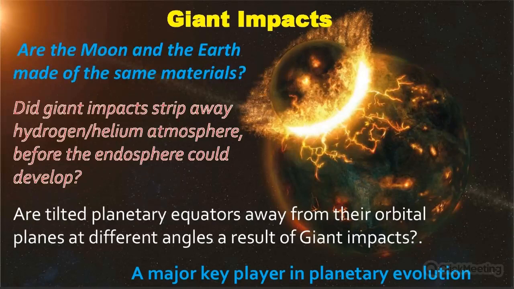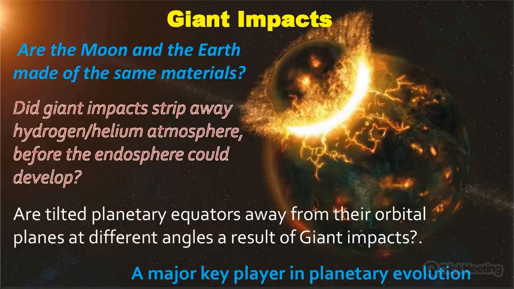If we take the example of the Earth and Moon system, our Moon is considered to have originated from a giant impact on the prototype Earth by a Mars-sized planetary body. Another example is Uranus, whose spin axis is very different. It is about 90 degrees to the rest of the solar system, and that could also be a reason of some kind of impact.